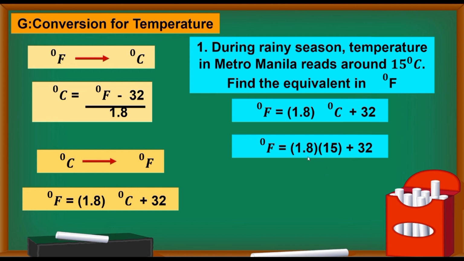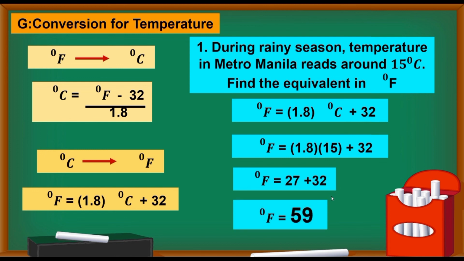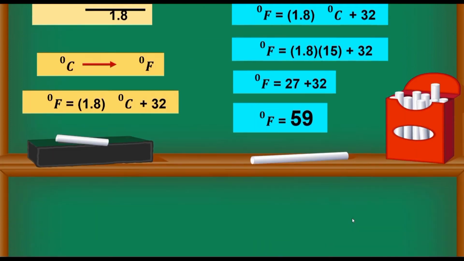The multiplication is 1.8 times 15, so that is what we do first. And 1.8 times 15 is 27. So, degrees Fahrenheit is equal to 27 plus 32. And 27 plus 32 is equivalent to 59. So, therefore, 15 degrees Celsius is equal to 59 degrees Fahrenheit. That is its equivalent in Fahrenheit.